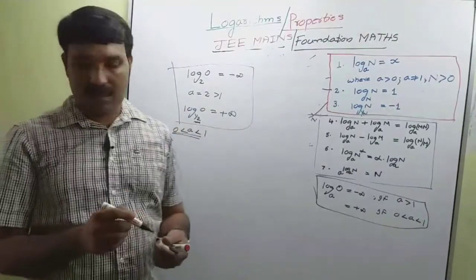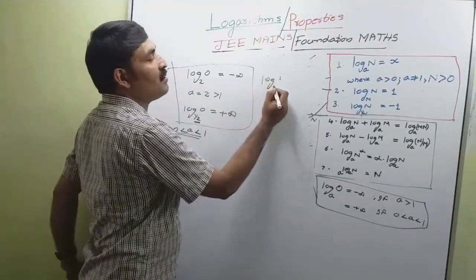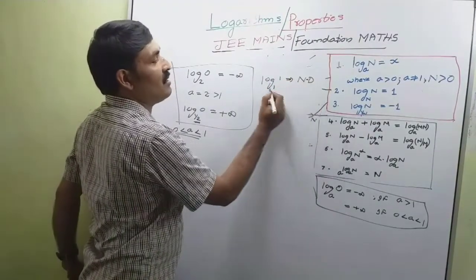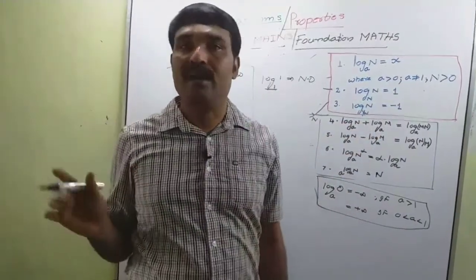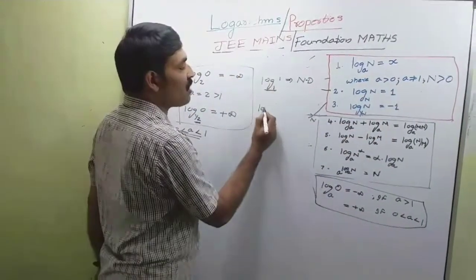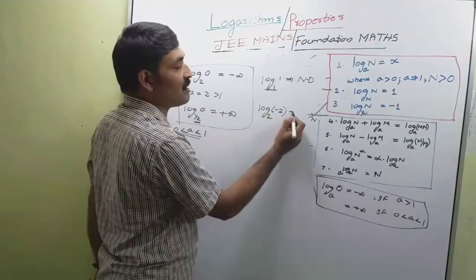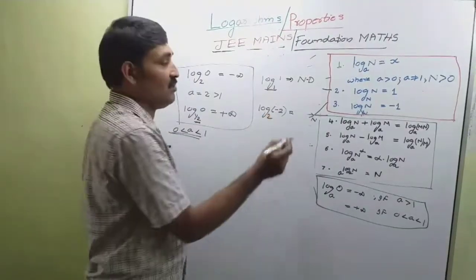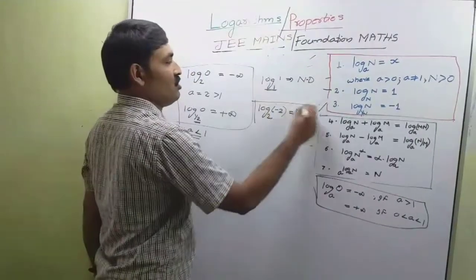And log 1 to the base 1 is not defined, since base a should not be equal to 1. And log of minus 2 to the base 2 is also not defined, since n is less than 0.